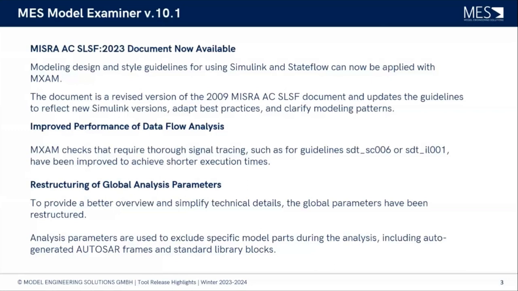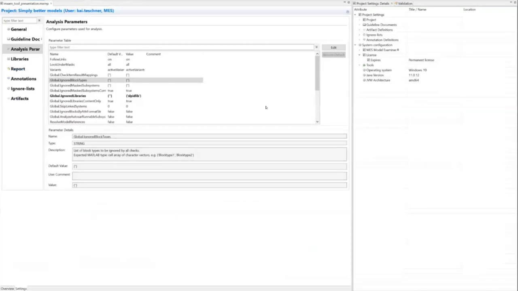Great. Maybe we can go to the latest release and see the additions there. Regarding some usability improvements, we restructured the global analysis parameters, which we can see directly in the tool. With these parameters, you can customize your analysis according to your needs and conditions from your current development project.